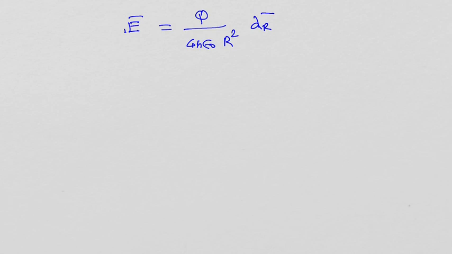If you consider a line charge distribution having line charge density rho L, as we have told you already, dq is equal to rho L dl. That is the simple expression.